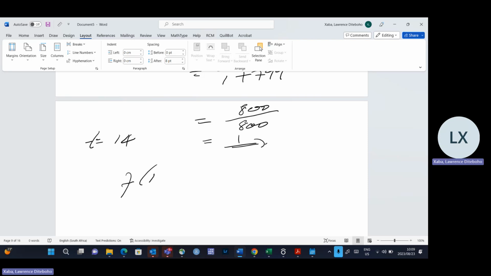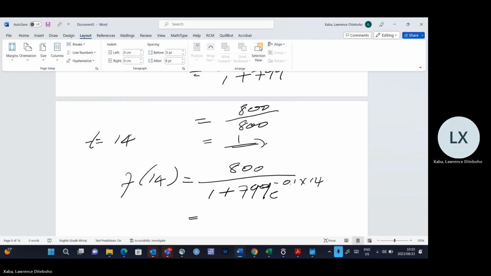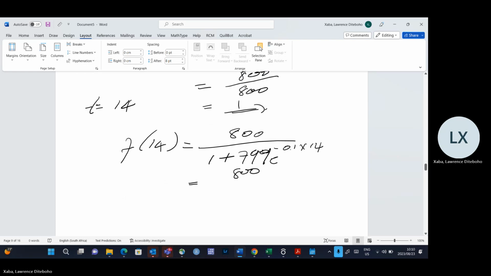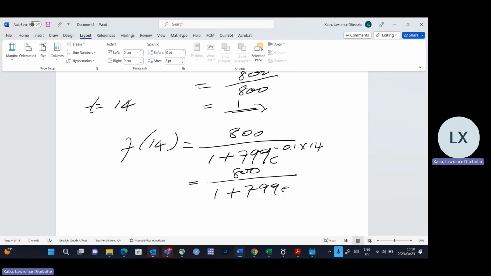So where we see t, put 14. f of 14 equals to 800 divided by 1 plus 799 e to the power negative 0.1 times 14. Then we have 800 divided by 1 plus 799 e to the power negative 0.1 times 14.